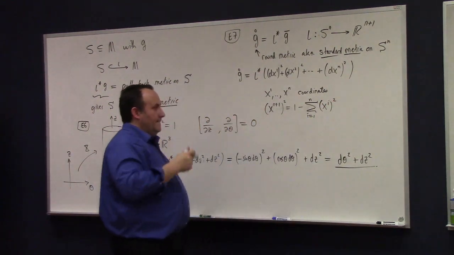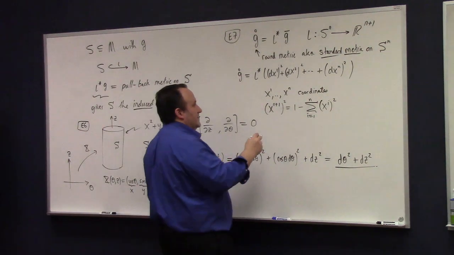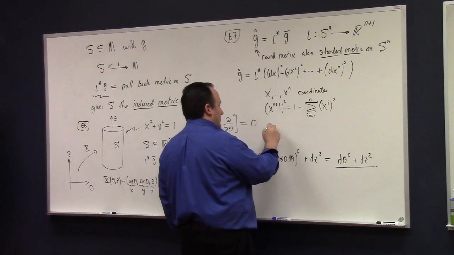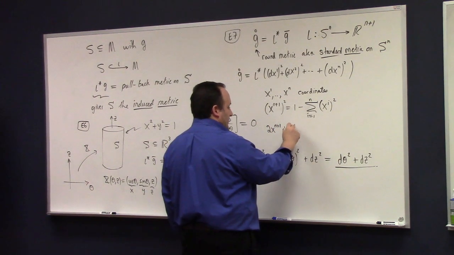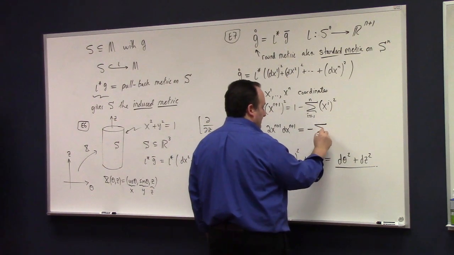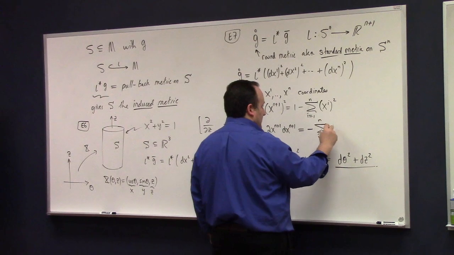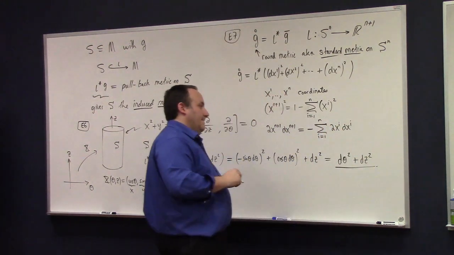You know? And if you believe in the calculus here, then that must mean that 2 x_{n+1} dx_{n+1} should be equal to minus the sum i equals 1 to n of 2 x^i dx^i, right?